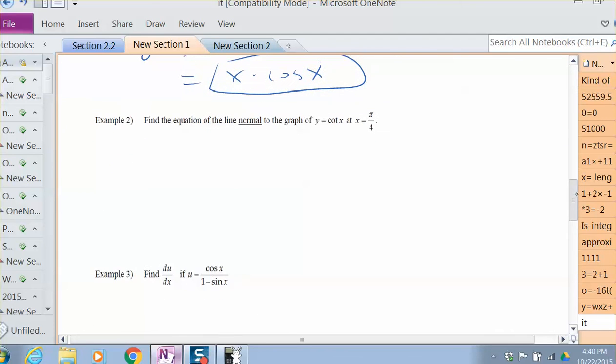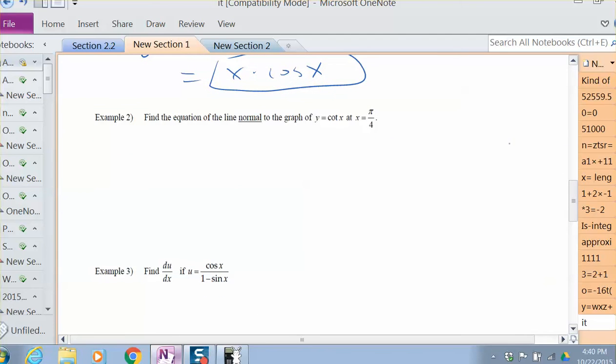Let's look at example 2. You have to find the equation of the normal line. So what we're going to have to do is find y prime, because that will give us the slope of the tangent line. And actually, to be a little more formal, I might write it like this: dy over dx when x equals pi over 4.